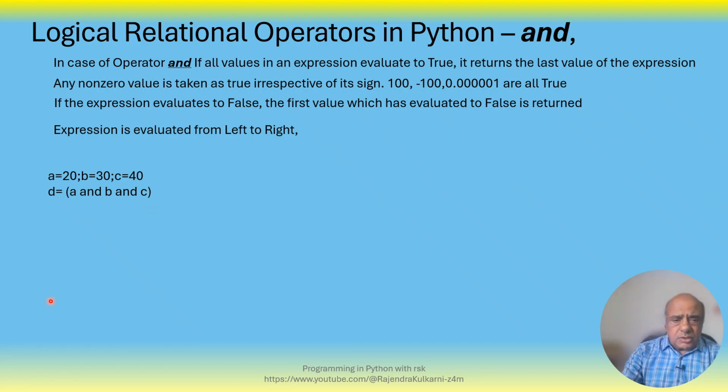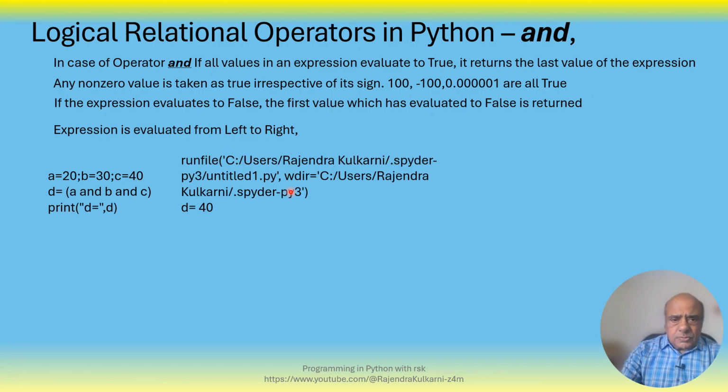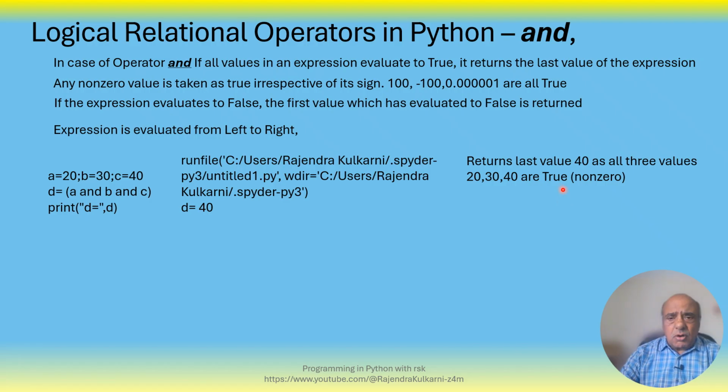So the output will be d is equal to 40 because c is 40. It returns the last value 40 as all three values 20, 30 and 40 are true. And why are they true? Because they are all non-zero.